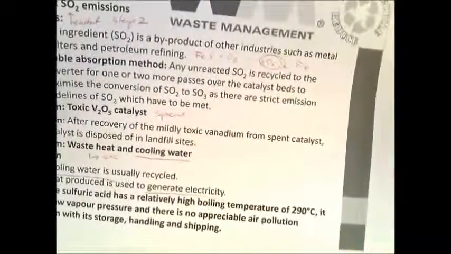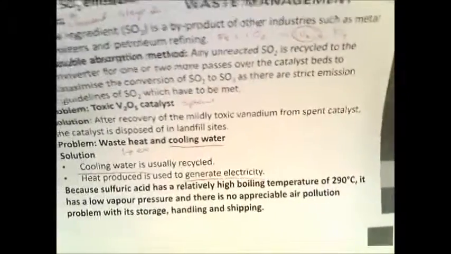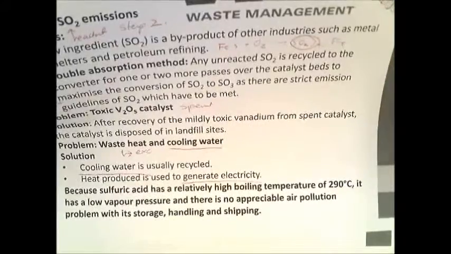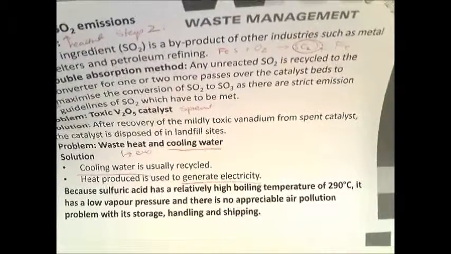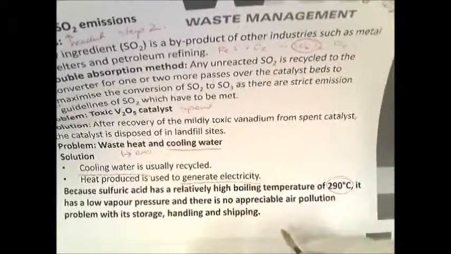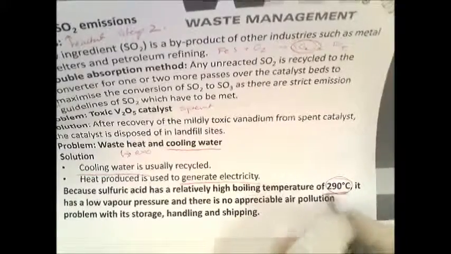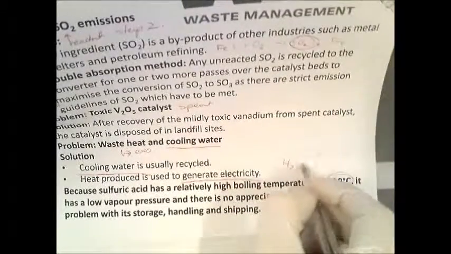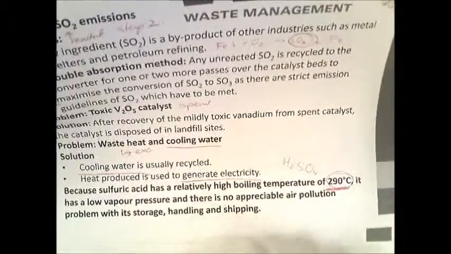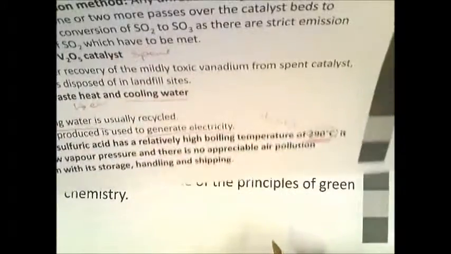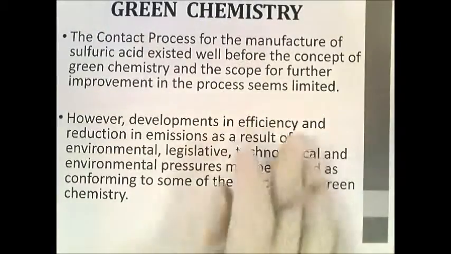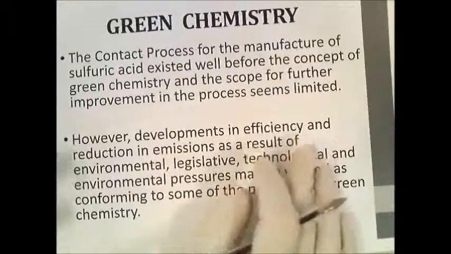Okay, another thing down here: because it has a relatively high boiling temperature, 290 degrees Celsius, you should know why it's so high, because of its bonding. It has a low vapor pressure and there's not much air pollution due to it. Green chemistry.